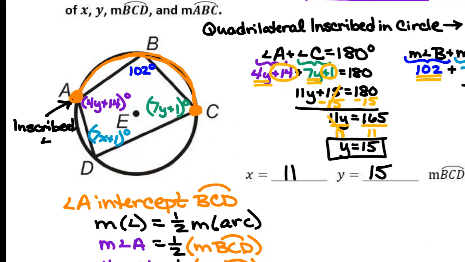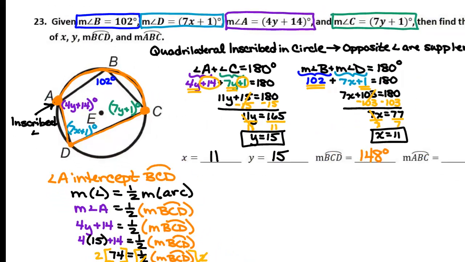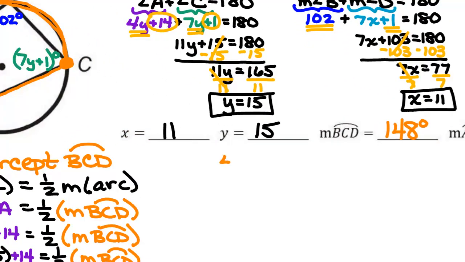A is not intercepting arc ABC. I mean D. D, right down here. Because D goes over to C, which is one of the endpoints of my arc. And D also has a segment that goes to A, which is the other endpoint of my arc. So angle D intercepts arc ABC.